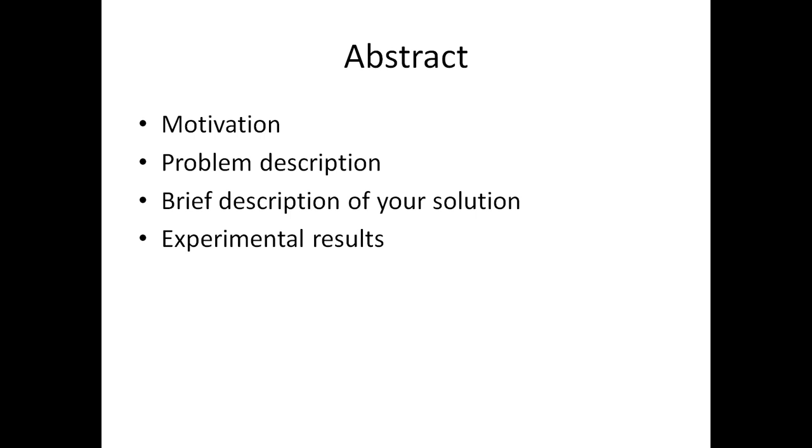What are the measures? For example, I always use F1 score, precision, recall, such measures to evaluate the accuracy of my algorithm. So here you should be very clear about your experimental results.